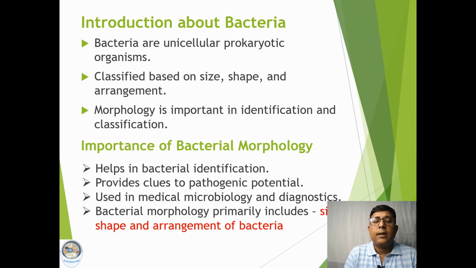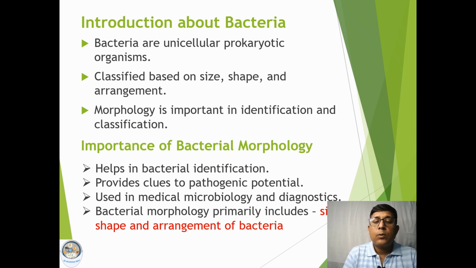The morphological parameters of bacteria, that is shape, size, and the arrangement. So, morphology, why is it important? First, let us understand why bacterial morphology is very important to know. It helps in bacterial identification. This is one of the very important criteria for identification of bacteria.